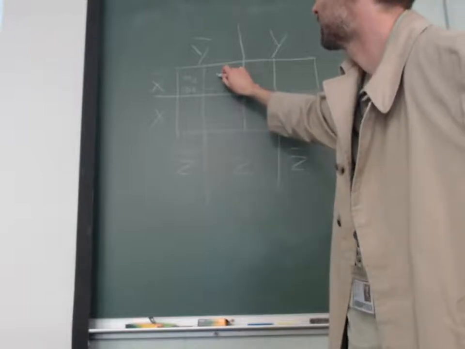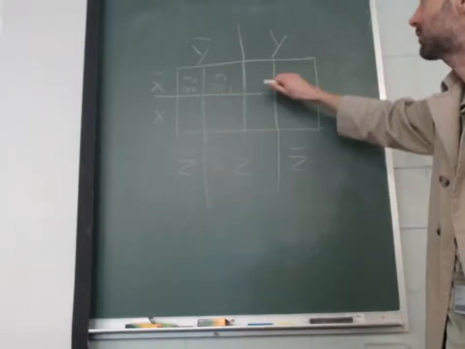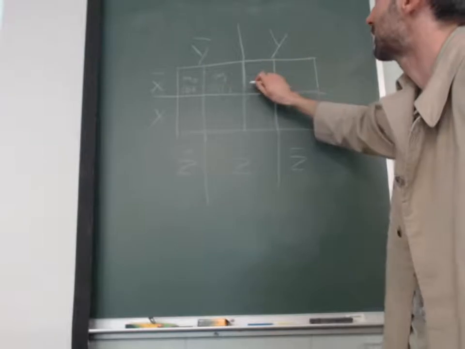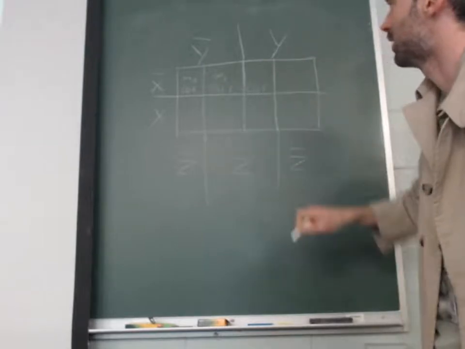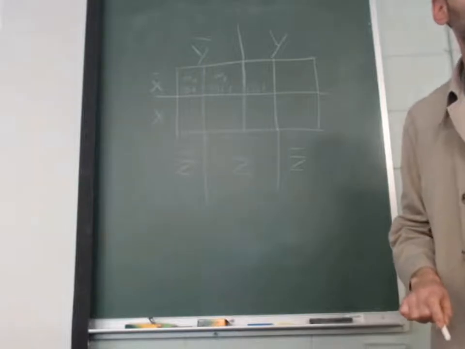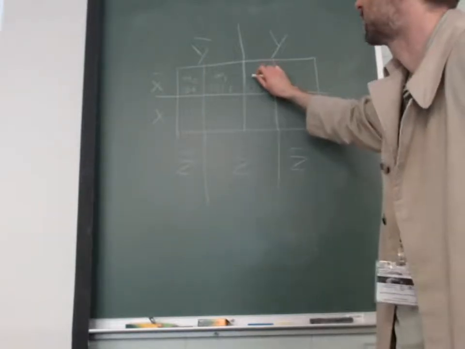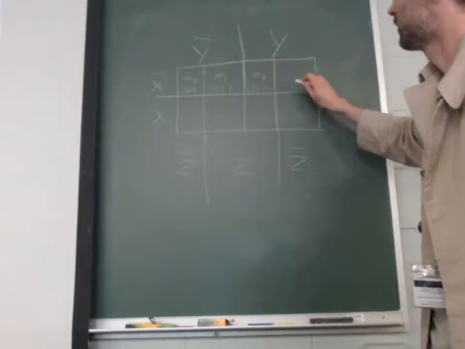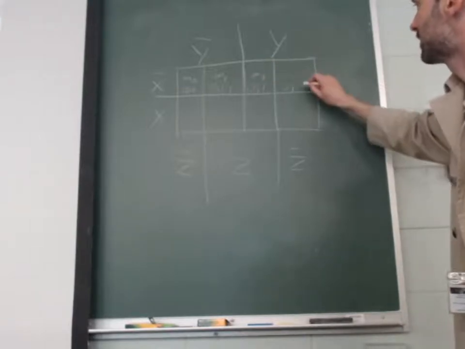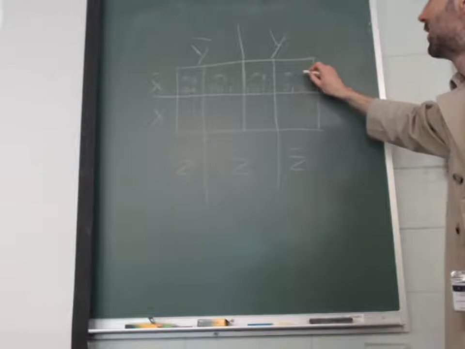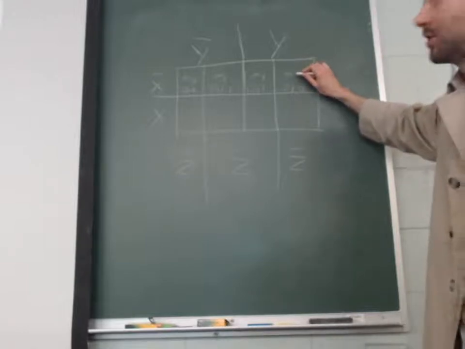Z is on, so that's 1, so that makes it minterm 1. Right here, not X, 0, we have a Y, which is 1, and we have a Z, which is 1. So what is that? Minterm 3. Right here, X is still not, Y is on, but Z is not. So that is minterm 2.